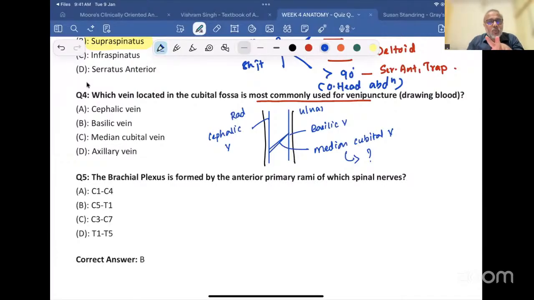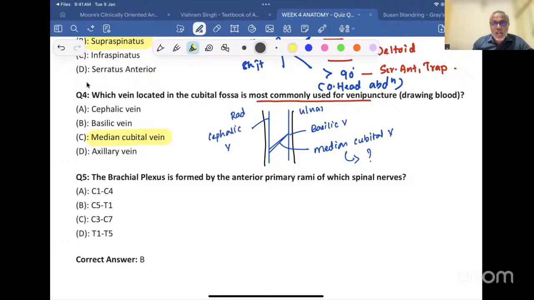Because of this, it is the commonly used peripheral vein for venesection. So what is the correct answer here? The correct answer is median cubital vein.